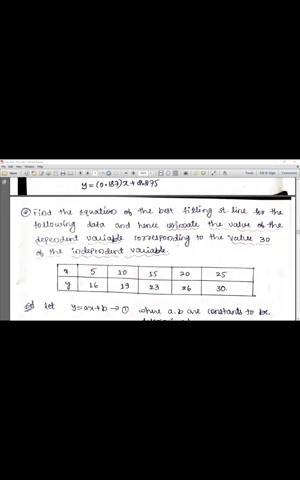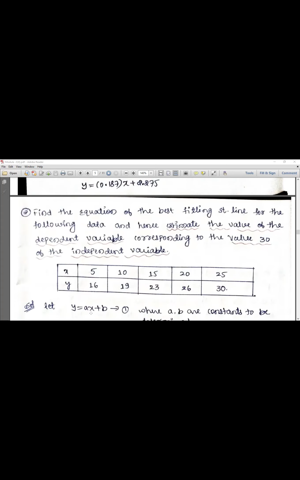Now we'll go for the second example. Find the equation of the best fitting straight line for the following data and hence estimate. It's very important what we have to estimate: the value of the dependent variable. What is the dependent variable? For example, there is an equation y equal to ax plus b, where y is dependent and x is independent.